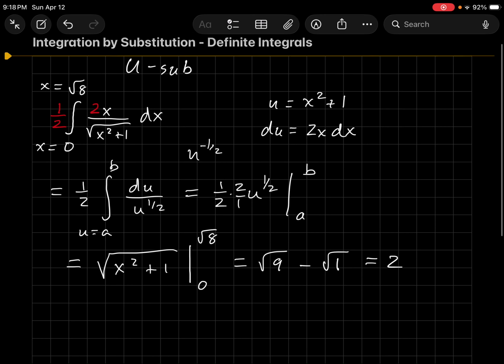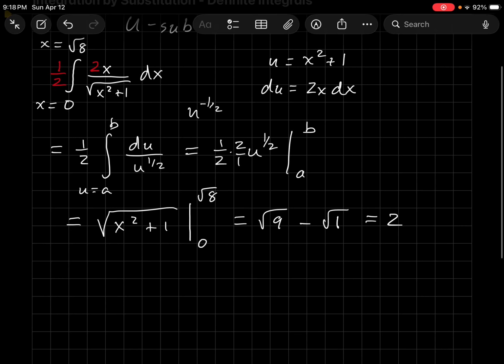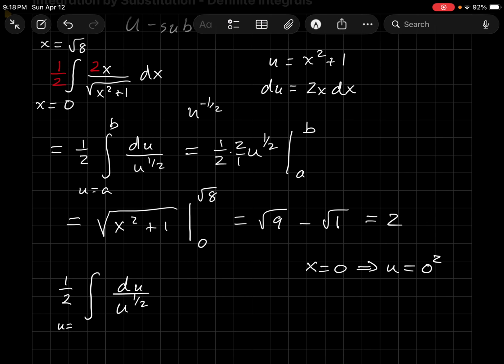The way I usually handle a U sub with definite integrals, I go through the same process and end up with du over u to the 1/2 by doing my same U sub. But instead of putting placeholder limits, I'm going to put limits in terms of u. Notice that when x equals 0, my lower limit, I get u equals 0 squared plus 1, or 1. So instead of a, I'm going to put 1.